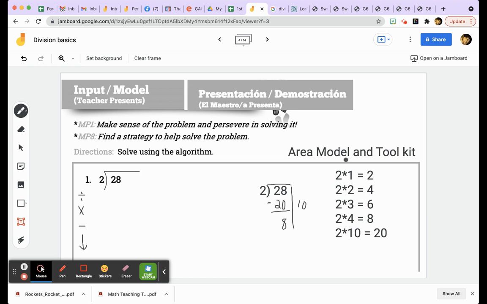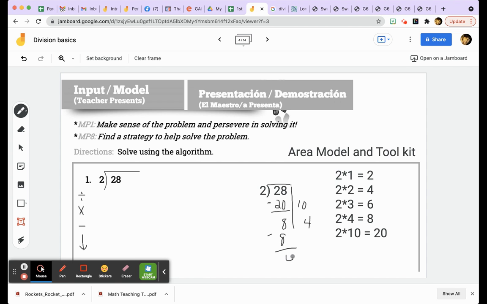So now I'm going to look at my toolkit, and I'm going to look for the factor or the factors that equal 8. And I can see that 2 times 4 equals 8. So 2 times 4, I'm going to put the 4 on the outside, equals 8. 4 times 2 is 8.